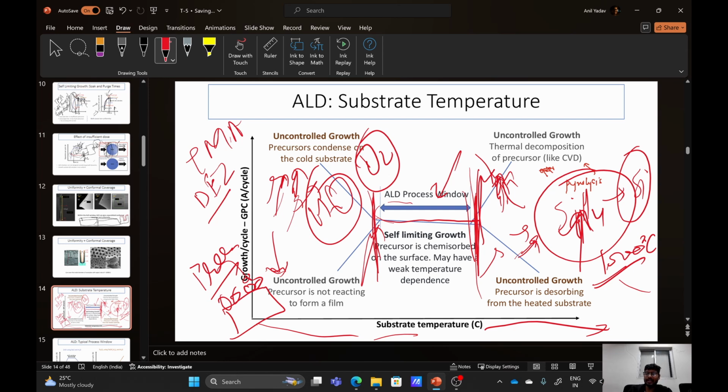So the growth per cycle will be more than what is required for the self-limiting process.